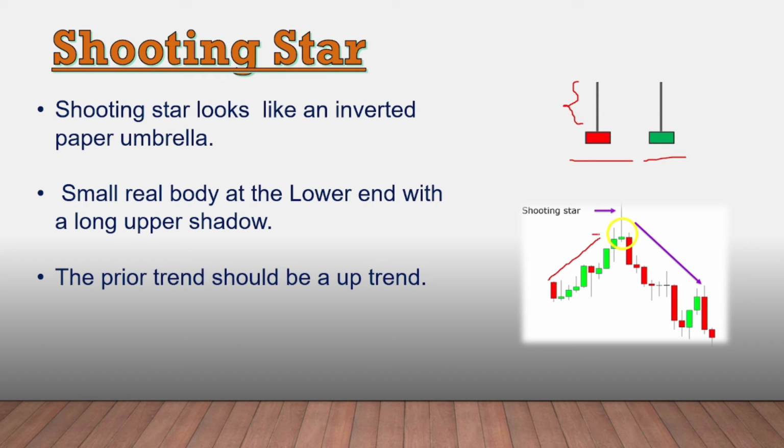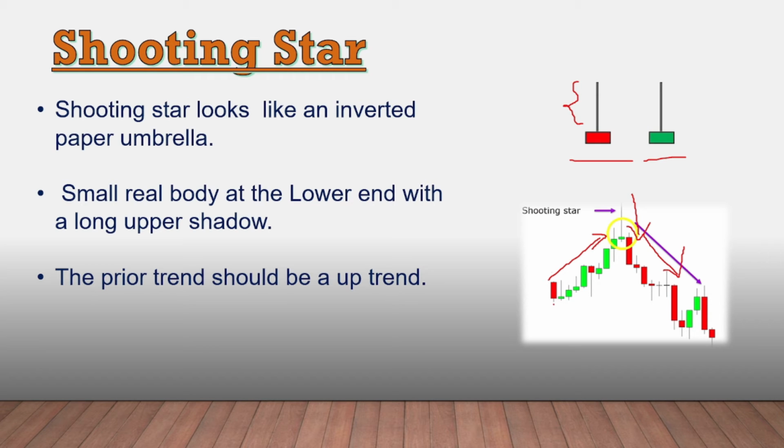So at the top end of an uptrend rally, if we see a shooting star formation, it indicates that there is a strong entry from the bears, and they are attempting to break the trend and take the market to downward levels.